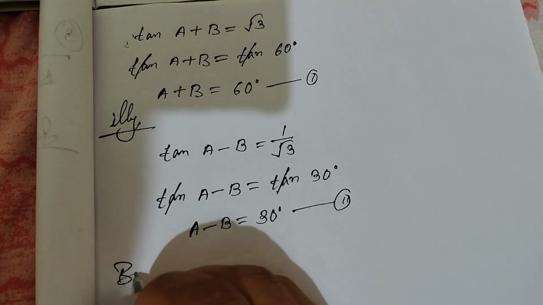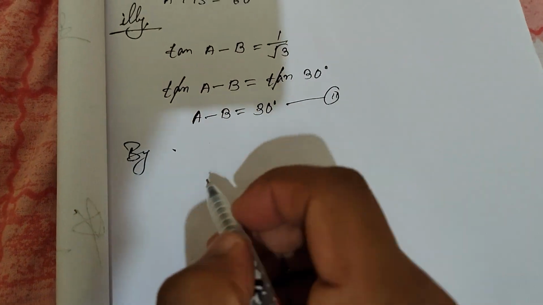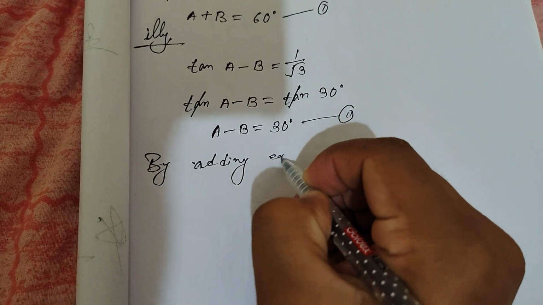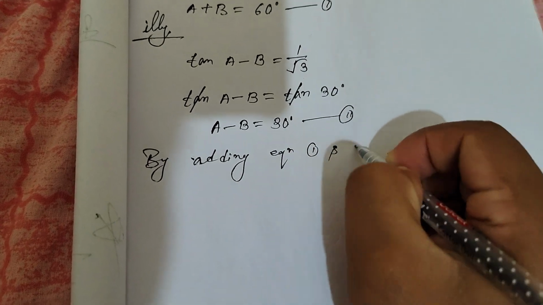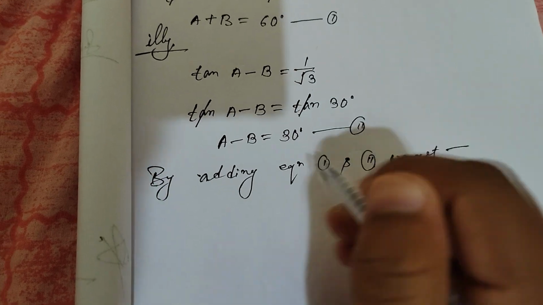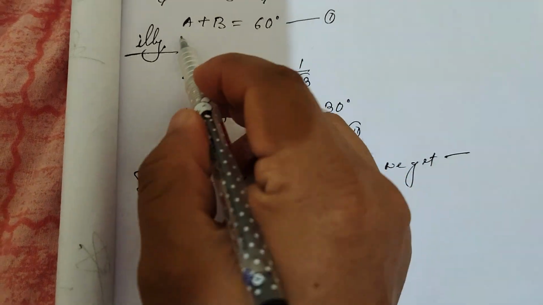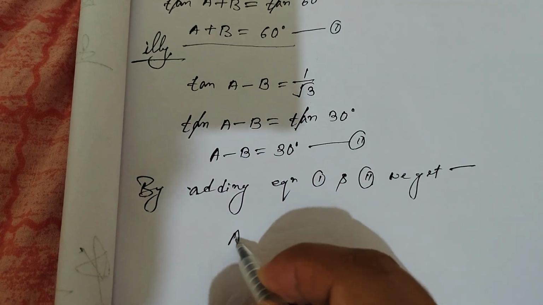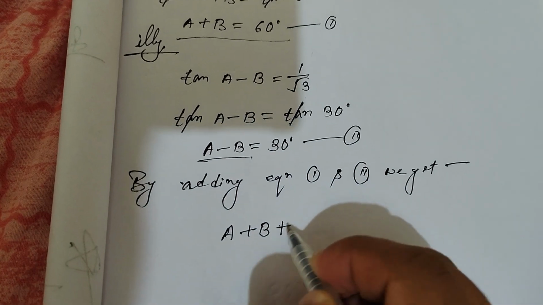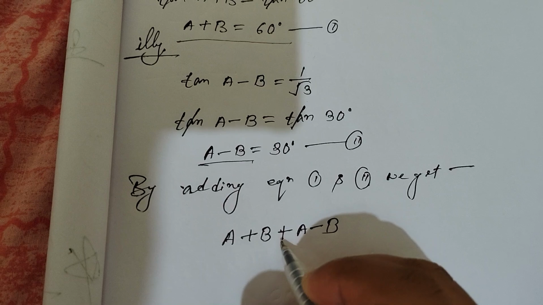Now by adding equation 1 and 2, we get, this is our what? A plus b equal to 60 degree. A plus b, again write this only, a plus a minus b. Why I wrote here plus?